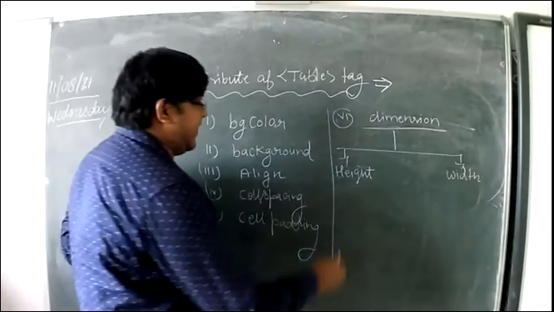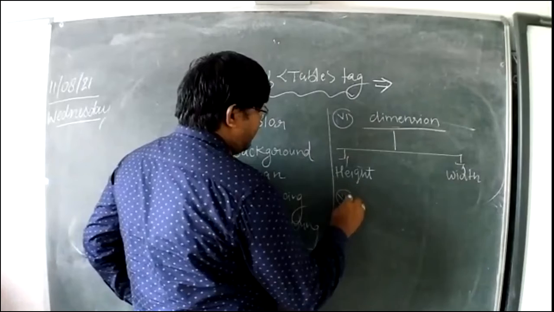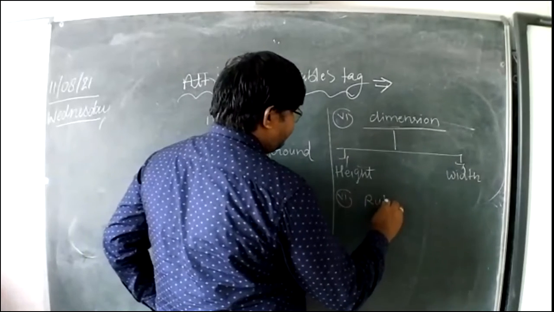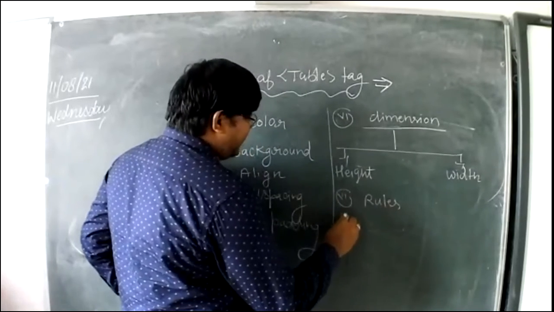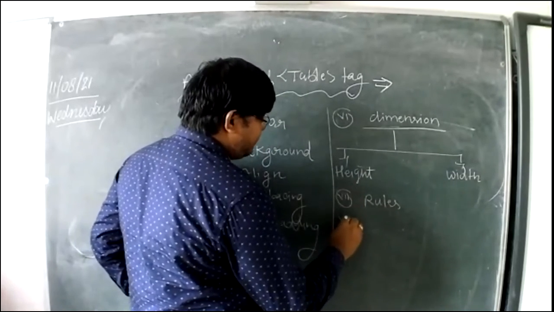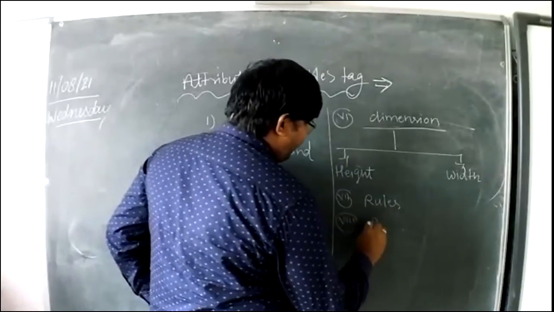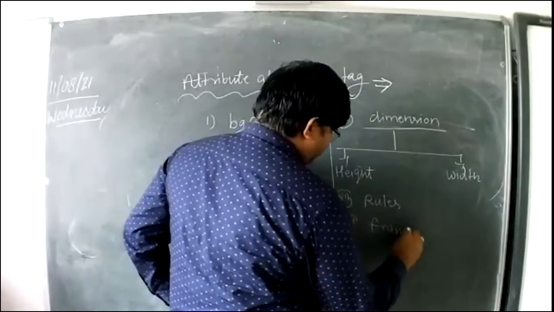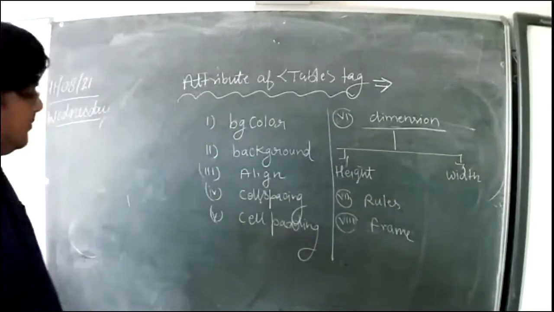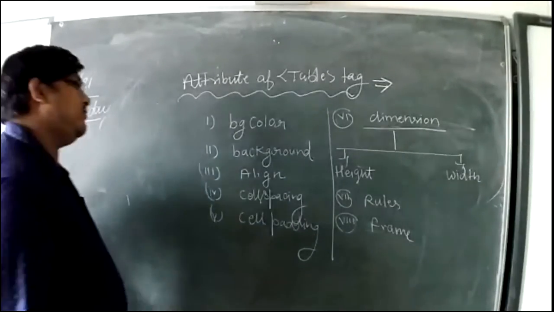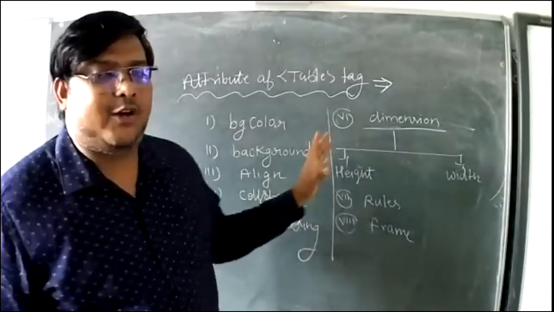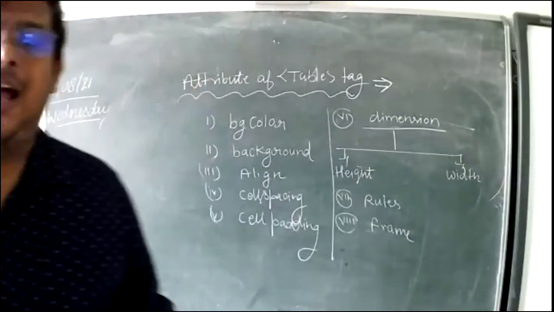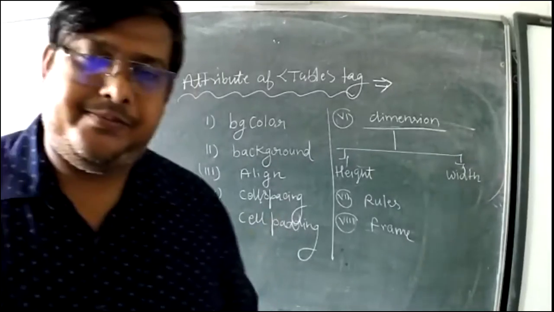Then the seventh attribute, we have rules, and then we have the eighth attribute, frame. These are all the attributes that we have to use with a table tag.